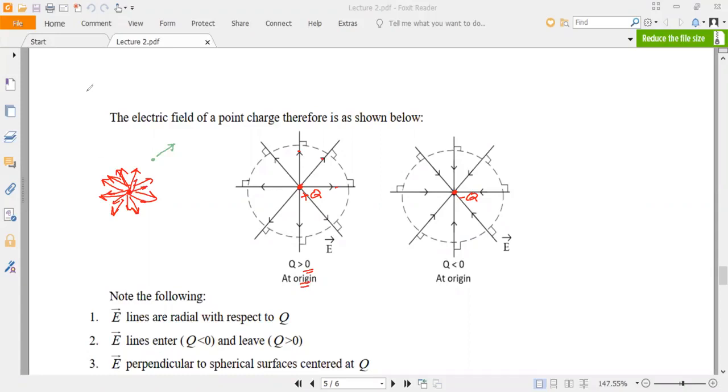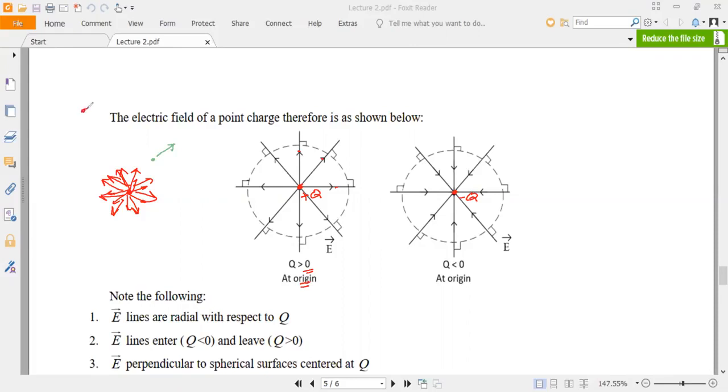So you can think of it as a spherical shell. So what is a spherical shell? Spherical shell means it's like your football. It's hollow from inside and it only has a surface.